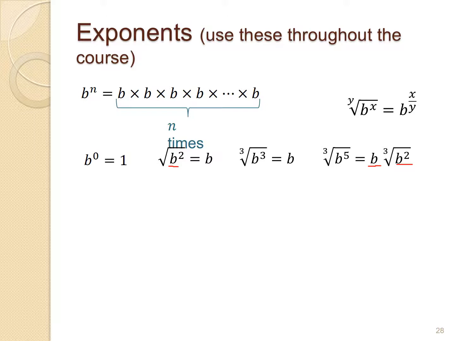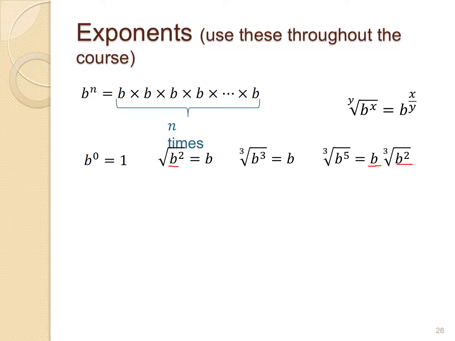And the y is what goes with the root. So these two are equal to each other. The y root of b to the x is the same thing as b to the power of x divided by y. So this works backwards and forwards.